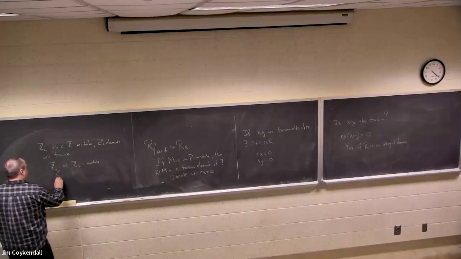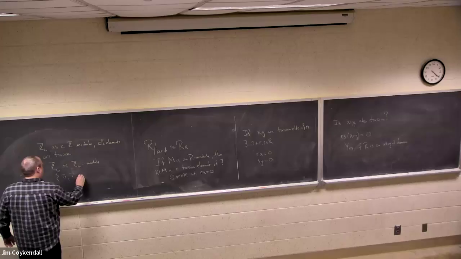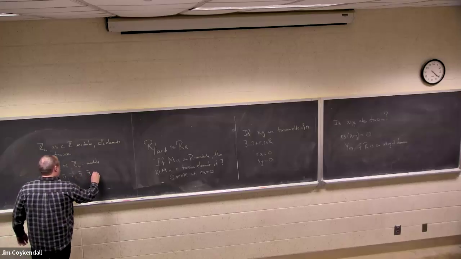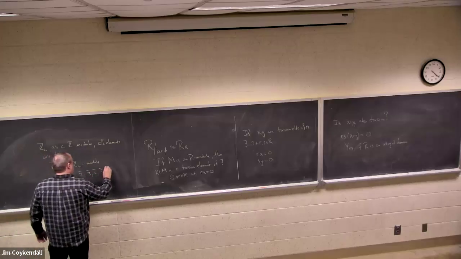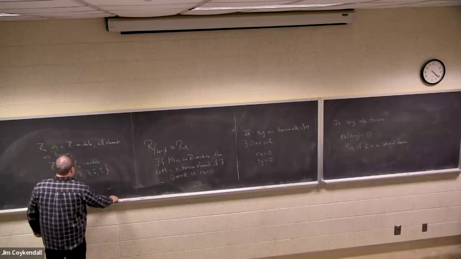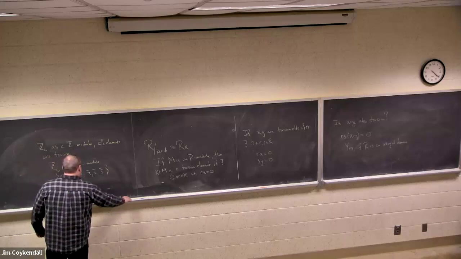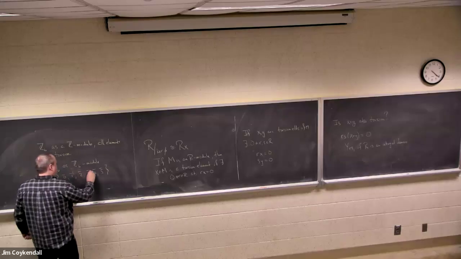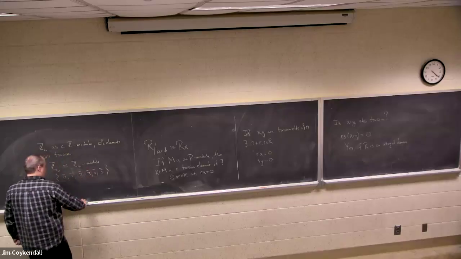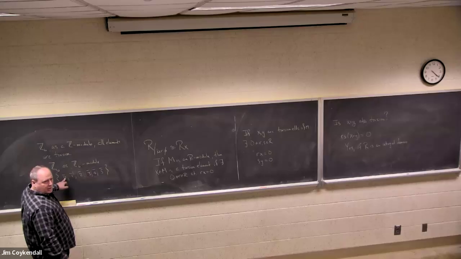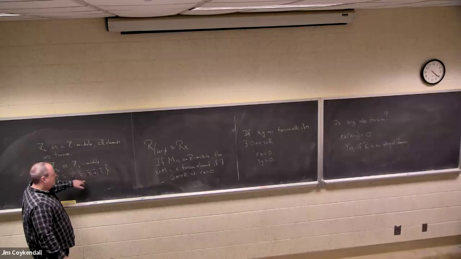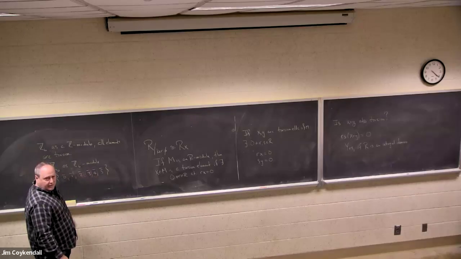The ones that are torsion are: I can multiply 2 bar by 3 bar and it's 0.